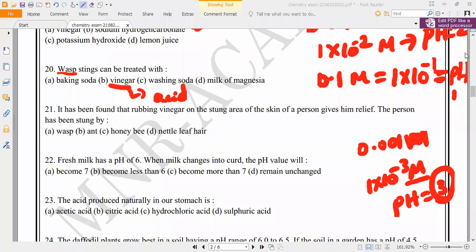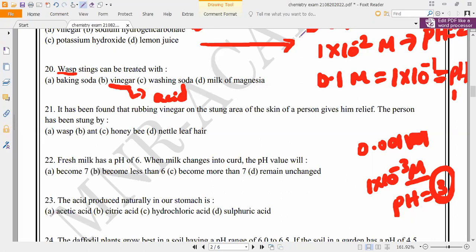Understand? So now, remember all of you, when we are moving on this pH scale from left to right, the hydrogen ion concentration decreases. Whose ion concentration increases? OH minus concentration increases. See, in acids, not only H plus ions but OH are also present, but whose percentage is more?